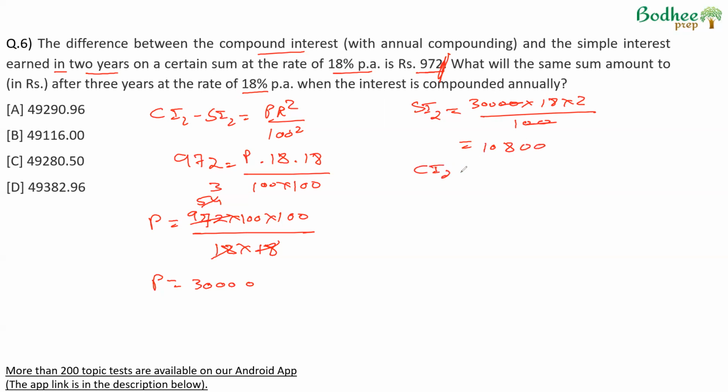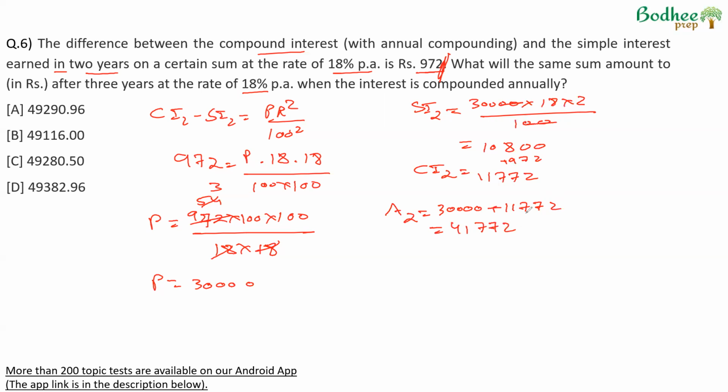Therefore, compound interest for 2 years will be 972 more than this, because the difference is given as 972. So 11,772. Therefore, the amount at the end of 2 years will be 30,000 plus 11,772, which is 41,772.